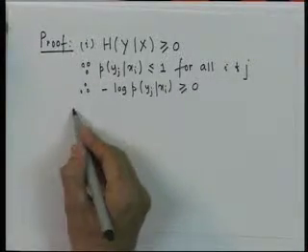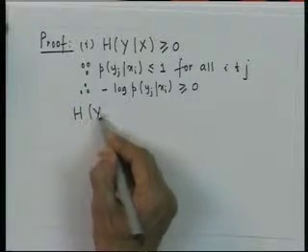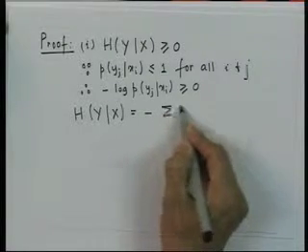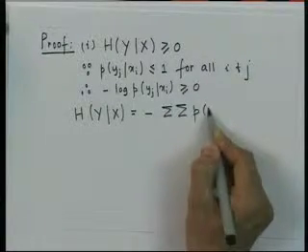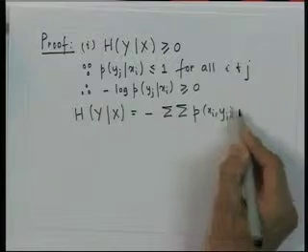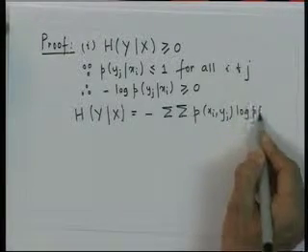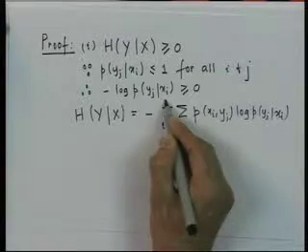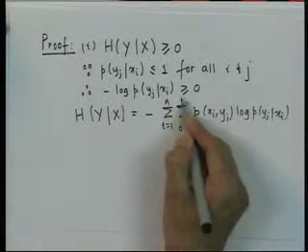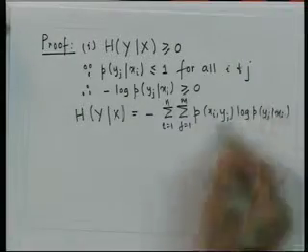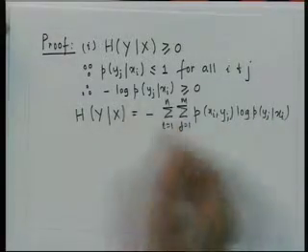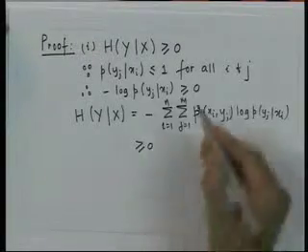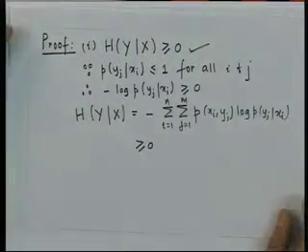From the definition of h of y given x, which is summation over probability of xi yj log probability of yj given xi, this quantity is positive. So, in total this quantity is always greater than or equal to 0. So, the first property has been proved.